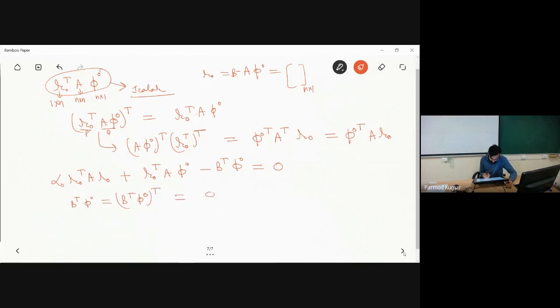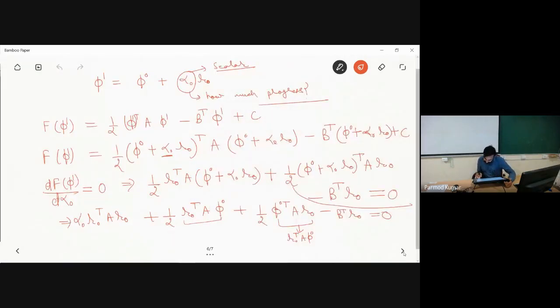So I can simply write it as phi naught transpose, and B transpose transpose will simply become B. So this B transpose into phi naught I can simply replace with phi naught transpose into B. So it will become alpha naught R naught T A R naught plus R naught T A phi naught and minus phi naught T into B. Okay. This point is clear?